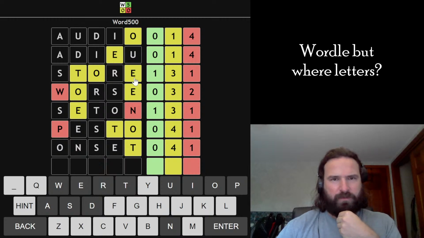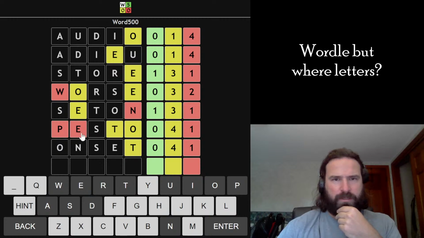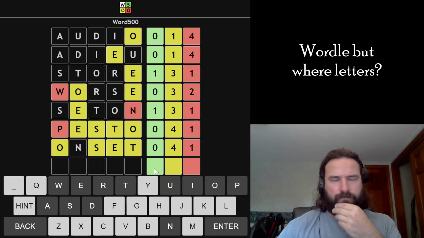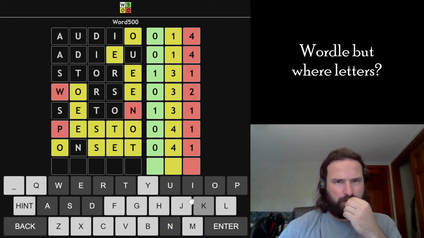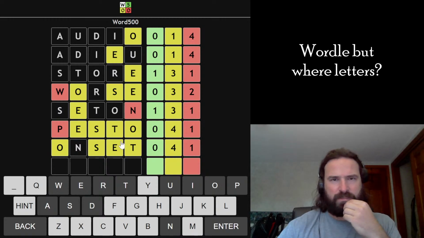So maybe I should focus on what I know. I do know that E is yellow. I know the O is yellow there. And then this is all yellow. S is yellow there.